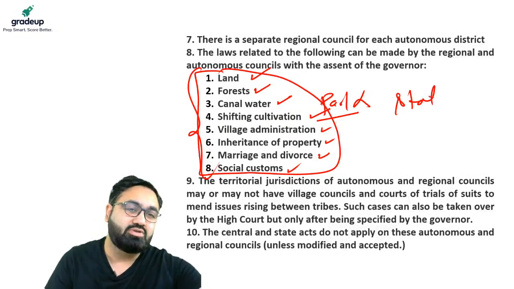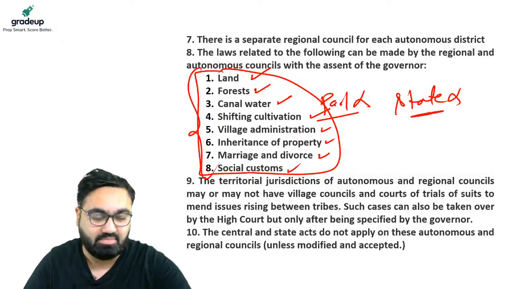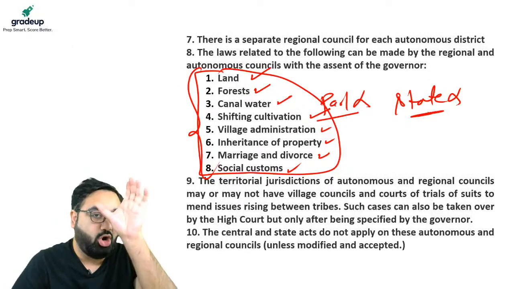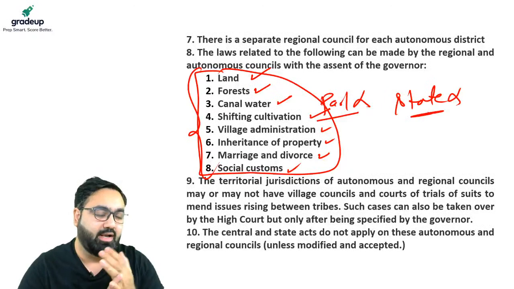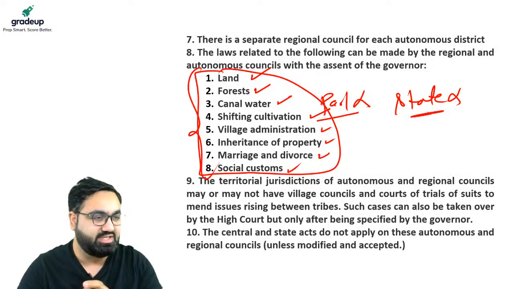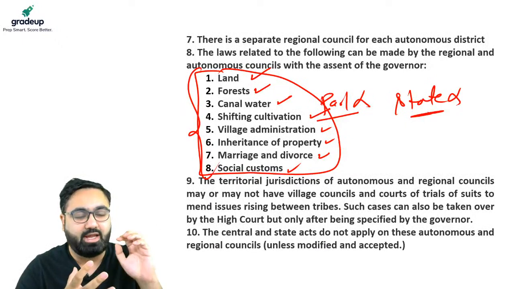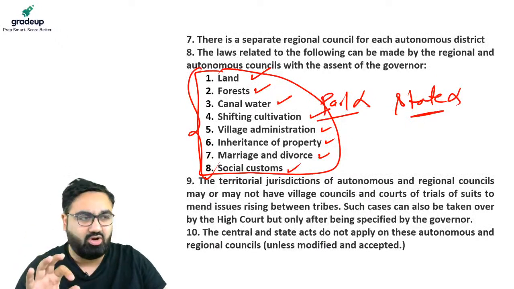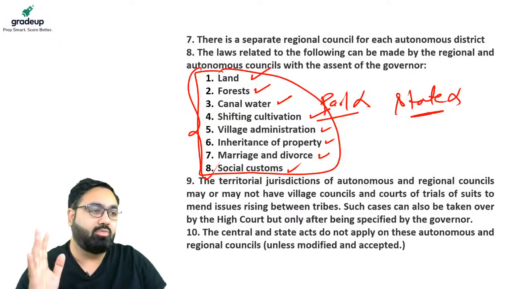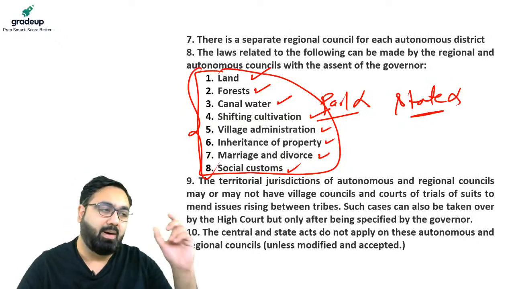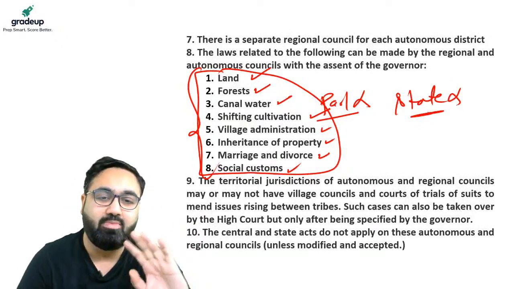Laws of the state also will not apply, because then there would be a clash. So on these subjects, laws made by parliament or the state legislature will not be applicable, because laws will be made locally by the autonomous district council. Parliament or state laws will not be applicable here.